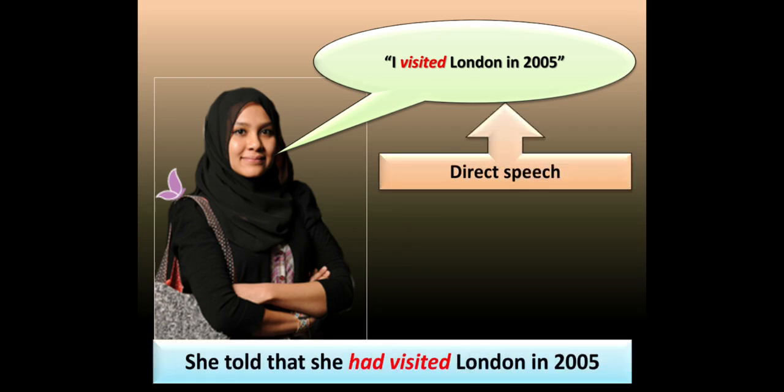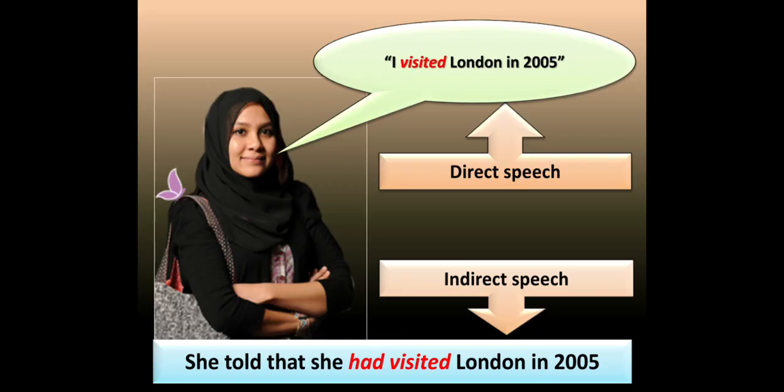Direct speech. She told that she had visited London in 2005. Visited becomes had visited. That means if there is the first form of verb, it will be had plus past participle of the verb.